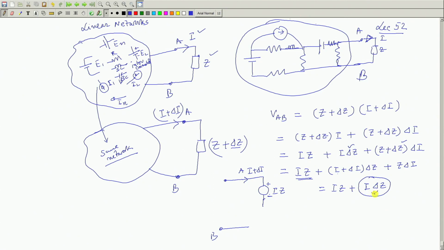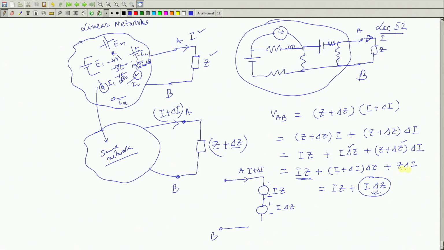So, this is known. Therefore, I Z and all these remaining terms, I can write as another voltage source I into delta Z, plus another term is there.